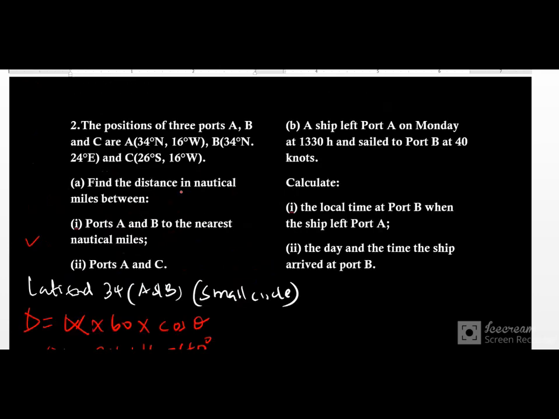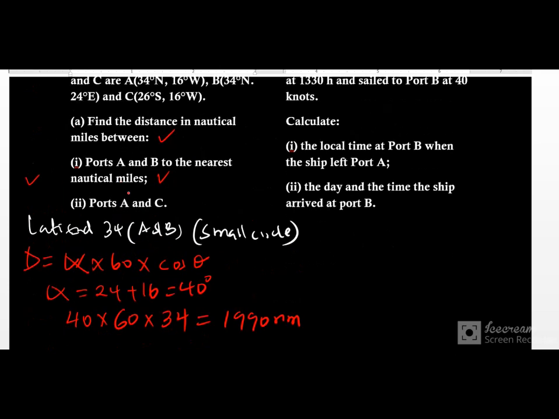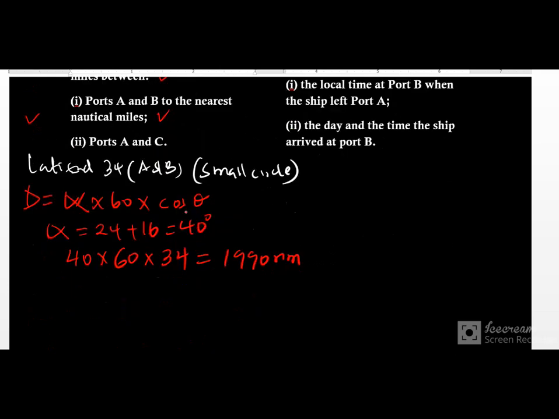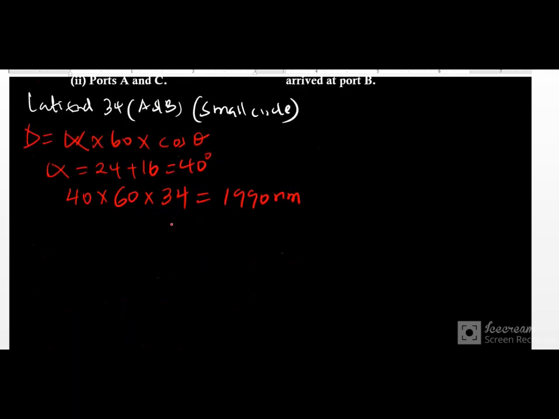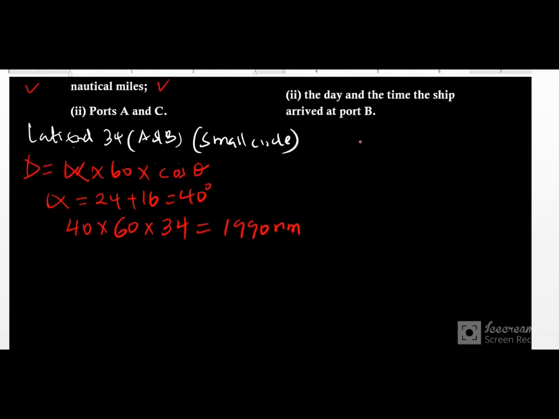We have done part A, the distance in nautical miles, Roman 1. For part B, Roman 2, the distance of AB. AB, they are on the same longitude. Or I must have sketched that. If I sketch those diagrams here, you can see what we are doing.